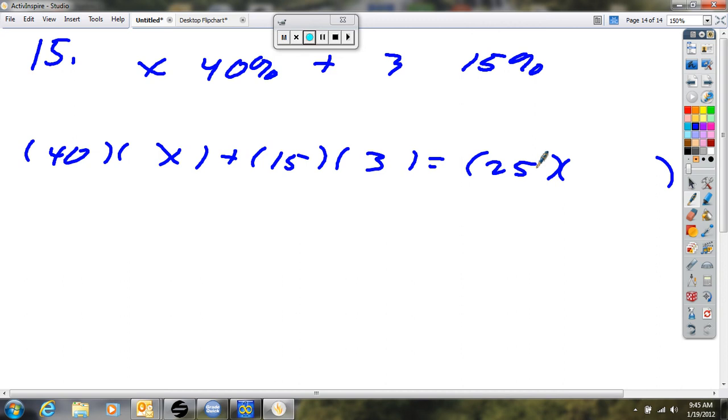And I have an X here. So what goes here? How do I always get this number? I add the first amount, this one, to the second amount. So that's X plus 3. Because they add together to be the total. Right?